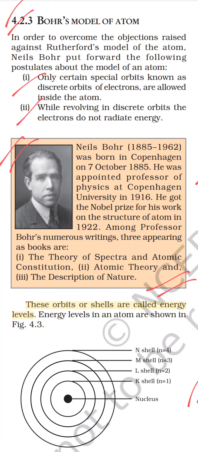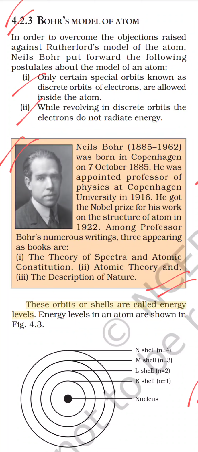Now we will discuss Bohr's model of the atom. In order to overcome the objection raised against the Rutherford model of the atom, Niels Bohr put forward the following postulates about the model of an atom.